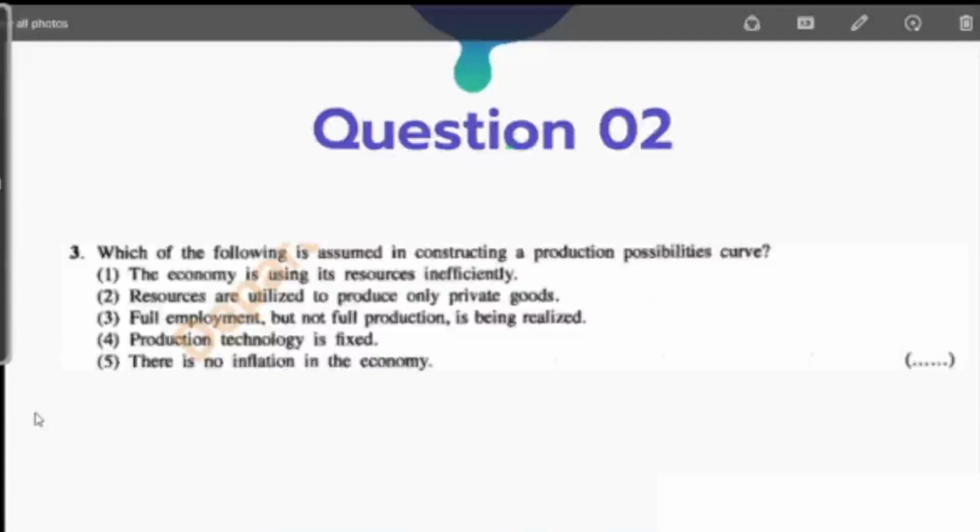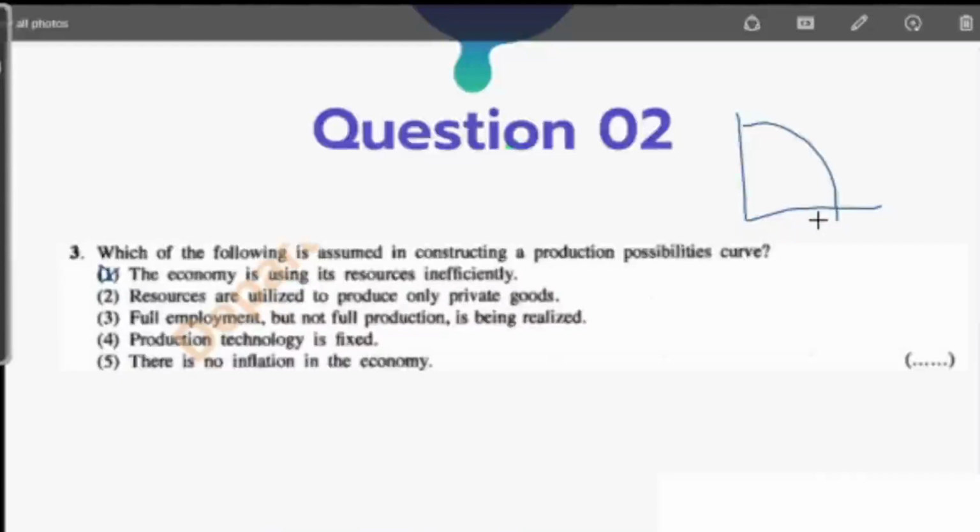First one, the economy is using its resources inefficiently. That statement is wrong because we know on the PPC curve, we assume all the resources are fully and efficiently employed. Resources are utilized to produce only private goods. We actually do not know what is the combination of goods. We assume the economy is producing 2 different goods.